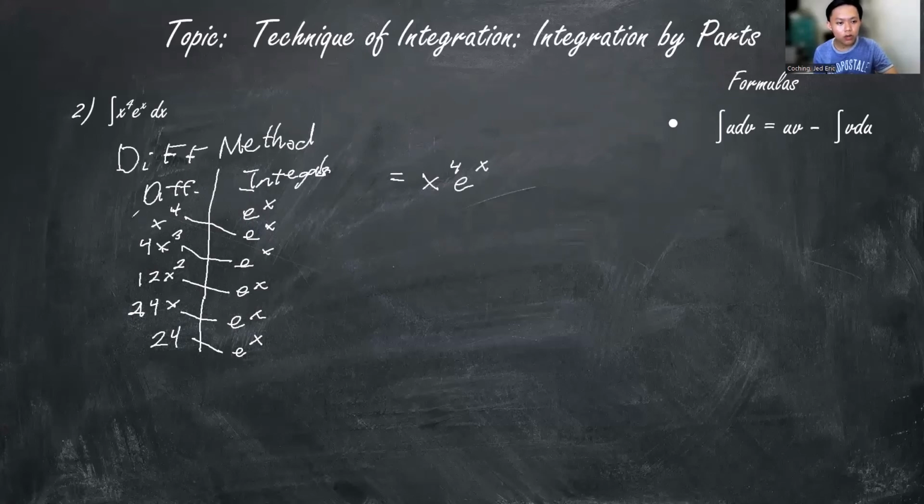And I forgot that we need to add signs, so this will decide if it's going to be a negative or a positive. And the next is negative 4x raised to 3 times e raised to x.